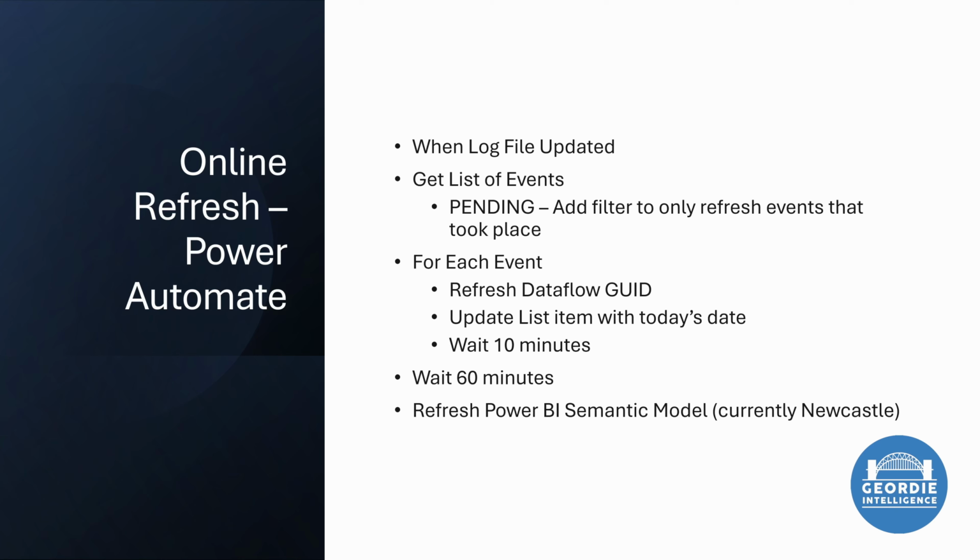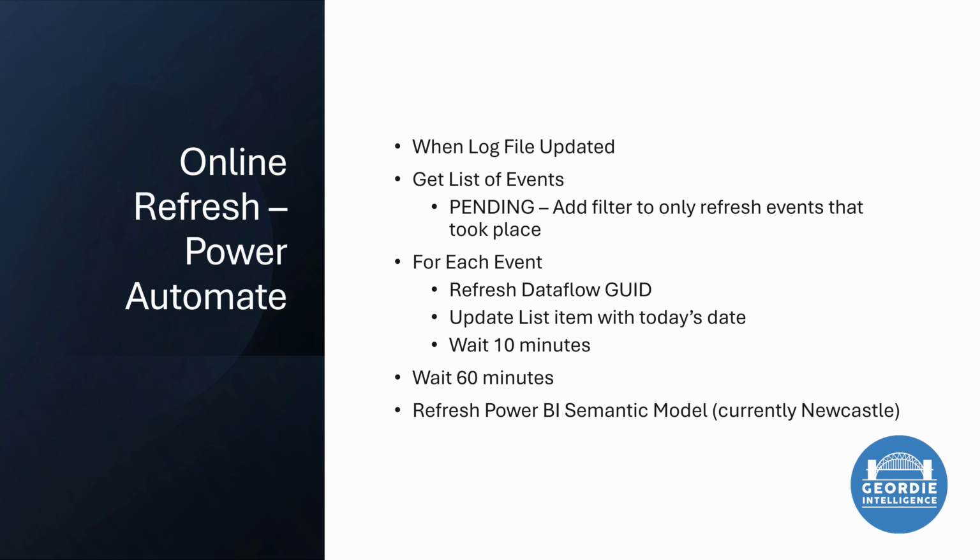For the online refresh part, we've got the pending bit, which is the last piece of the puzzle to do, where we'll put in place that it's only going to refresh the ones that have updated. And by updated, we mean where the last event date is before the last refresh date. Really simple.